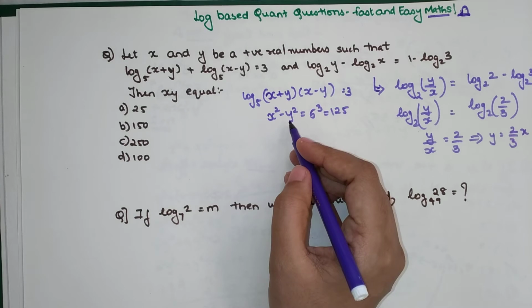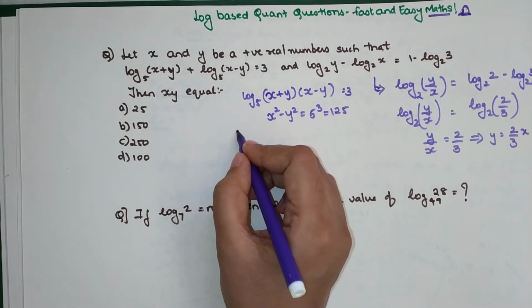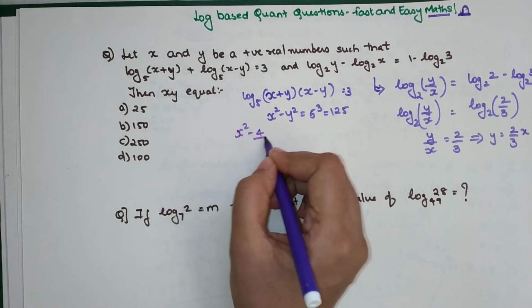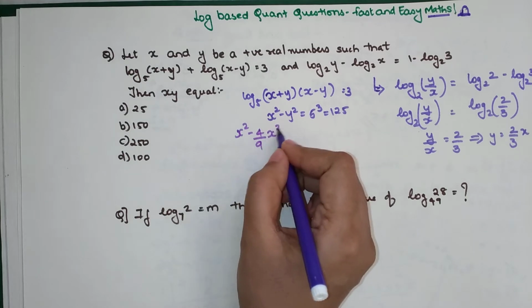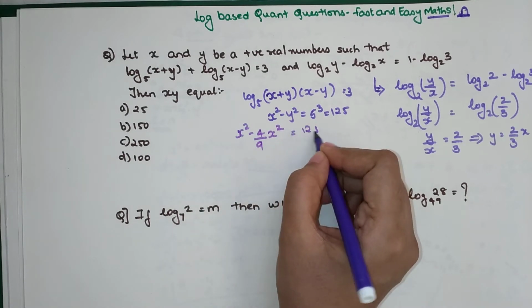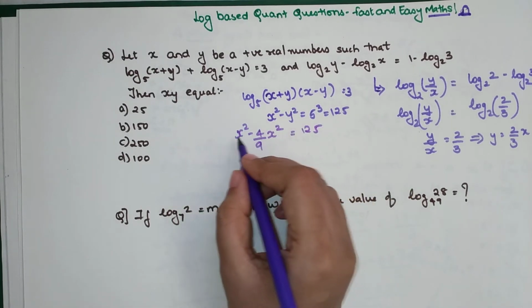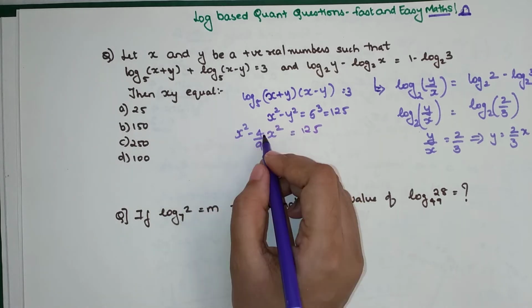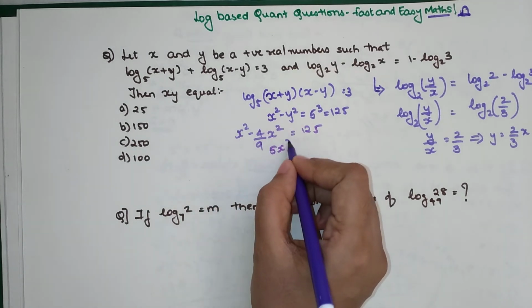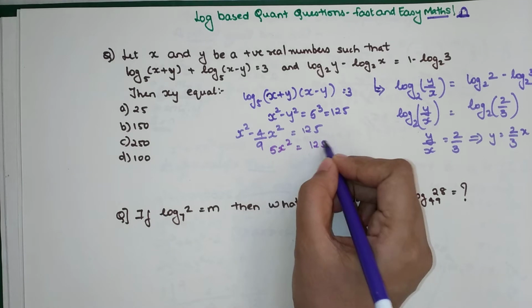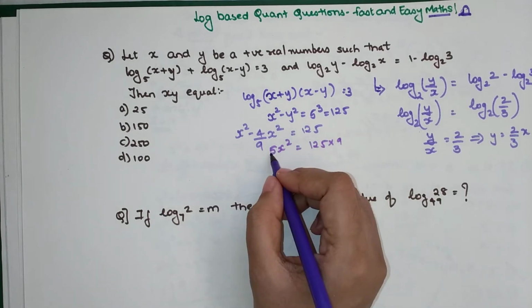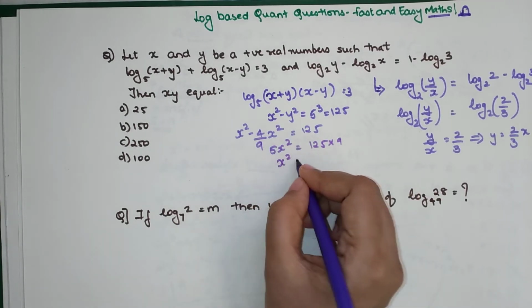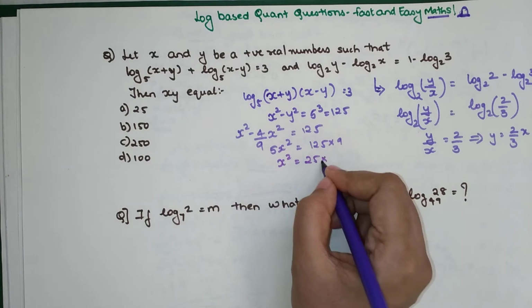Substituting this over here, x square minus 4 upon 9 x square is equal to 125. Taking the LCM, 9 minus 4 gets you 5x square is equal to 125 into 9. Dividing both sides by 5, I get x square is equal to 25 into 9.